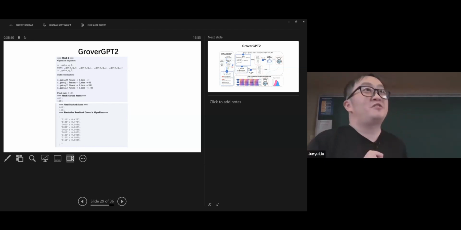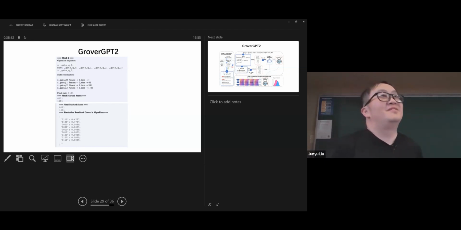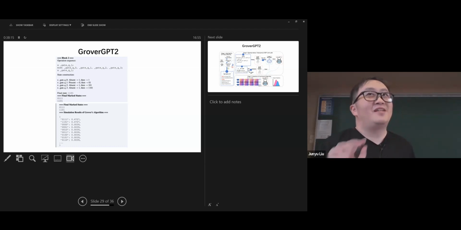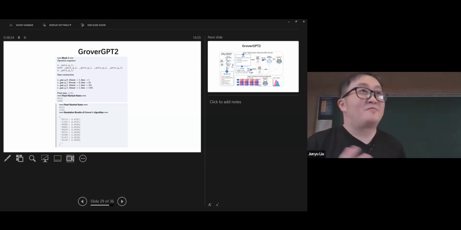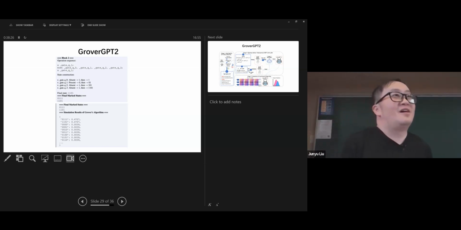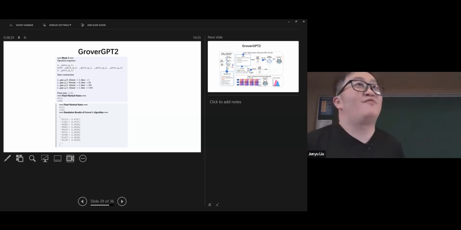I want to integrate that function into my LLM as well. But if you stop GPT from doing that and ask it to read by itself, GPT cannot do it, because GPT does not see that many Grover circuits compared to the model that has been fine-tuned.